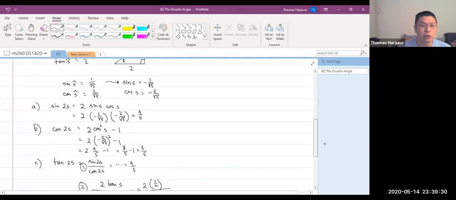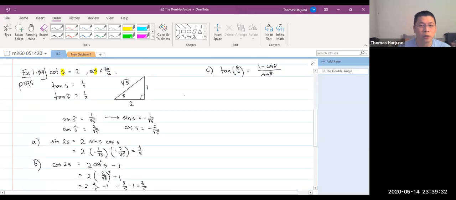Now let me use the same question here in number 4, and I will continue with a half angle. Suppose I want to do part E. Find where S over 2 is located. What quadrant is S over 2 located in? Now, you see that S was in quadrant 3, between pi and 3 pi over 2.